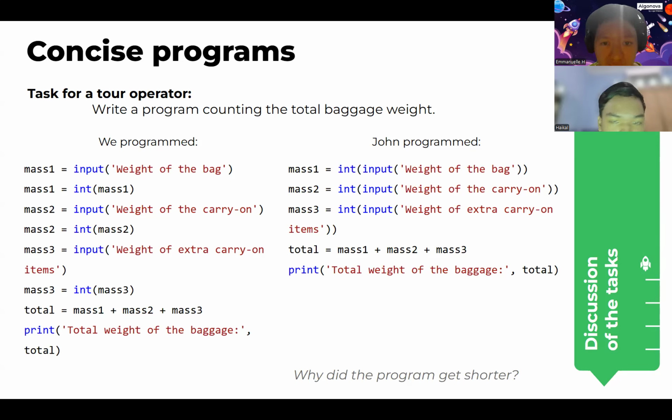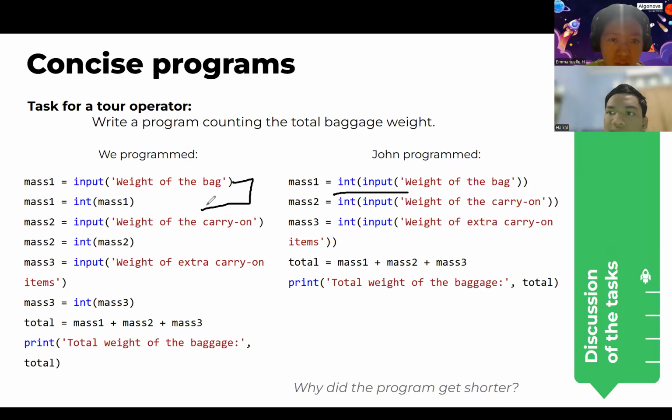However, today we will learn that we can shorten the code. So from the left side to the right side, as you can see, with integer and then input like this. So two lines can be shortened into one line.